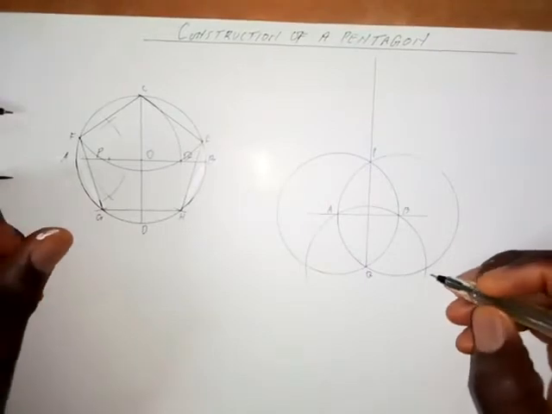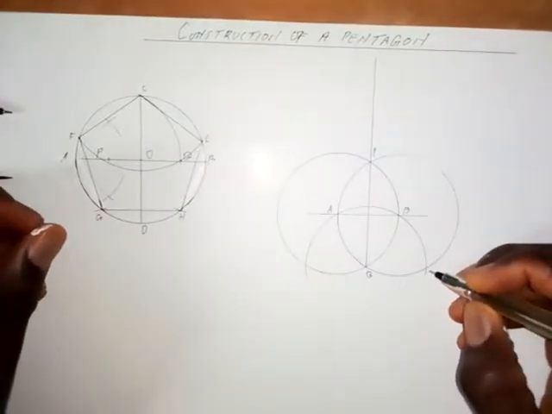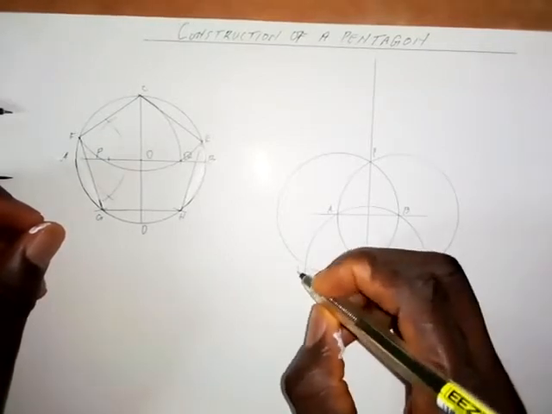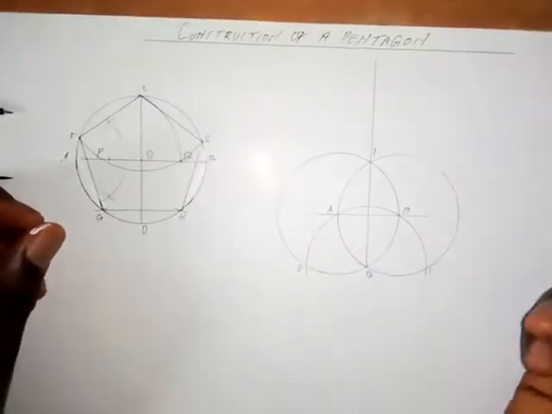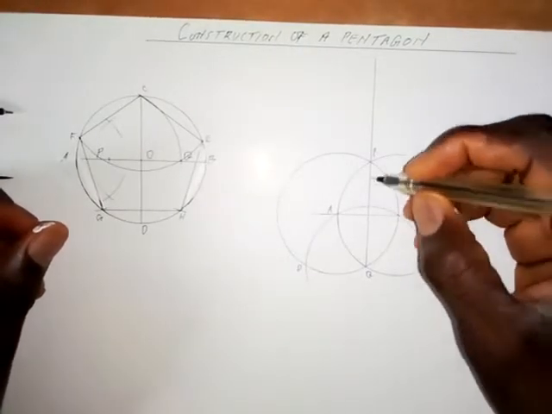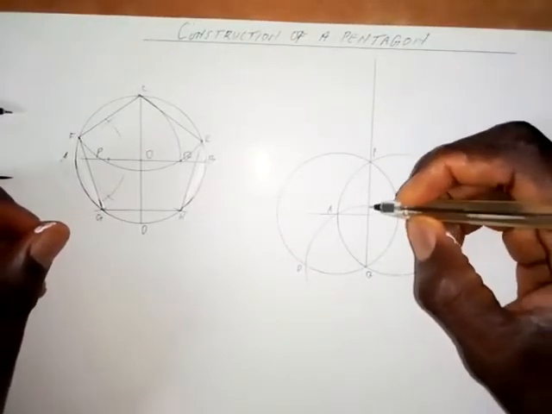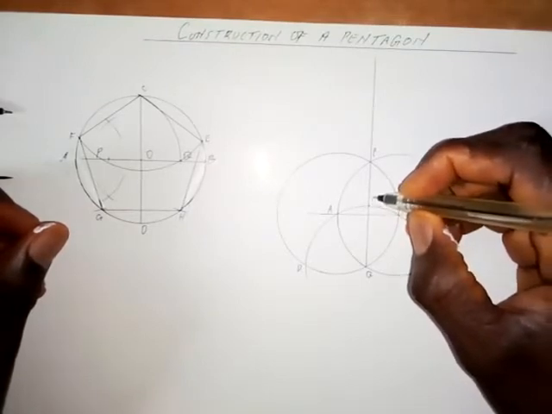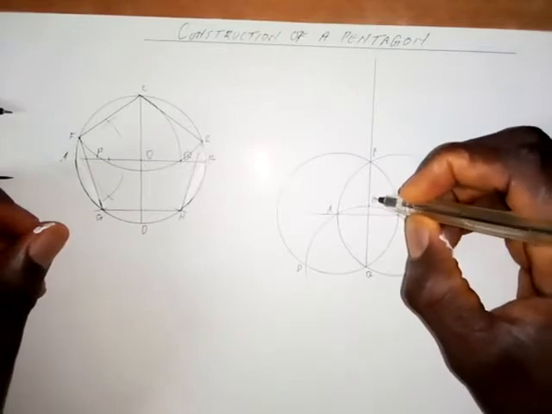I will call this point C and this point D. Where the arc touches this vertical line, let's call it point E.